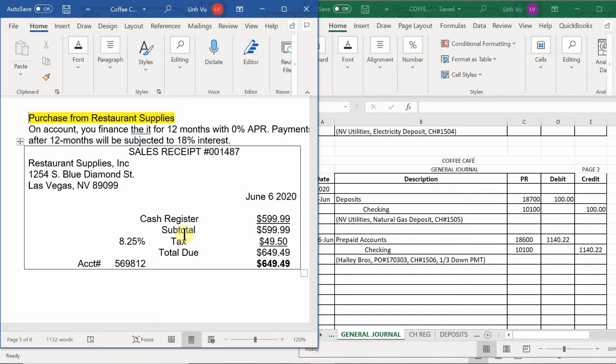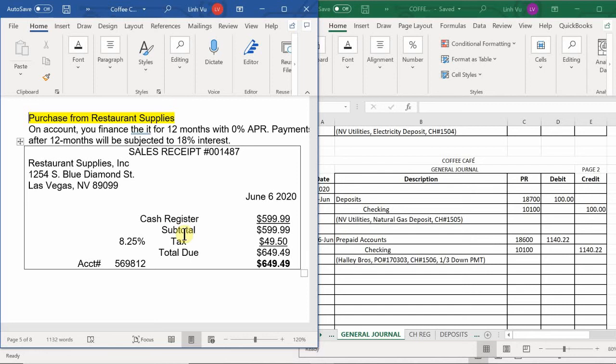So if this is a finance option where we pay a total for the cash register over a 12-month period, they give us a grace period of no interest for 12 months, a total of 0%. But if I go beyond the 12 months, deferring my payment, they're going to charge you an 18% interest.